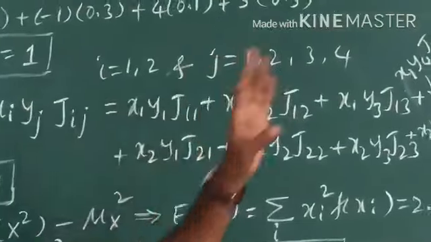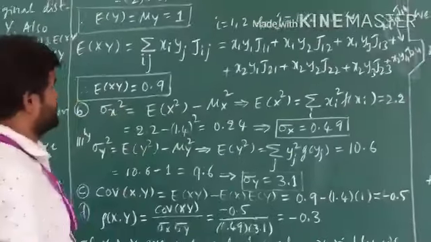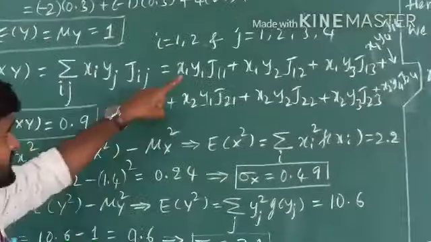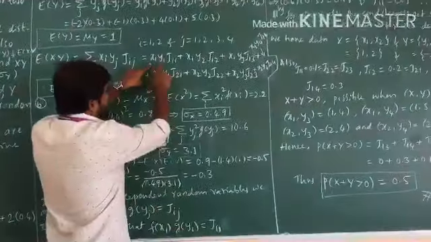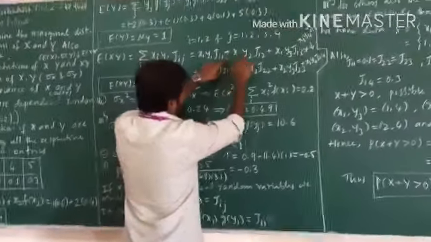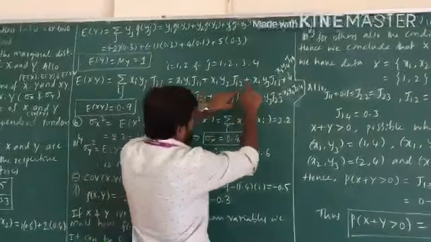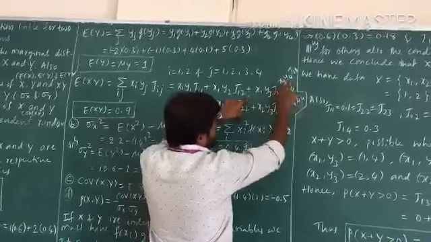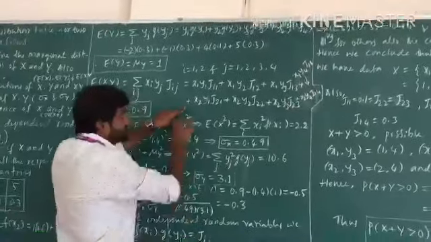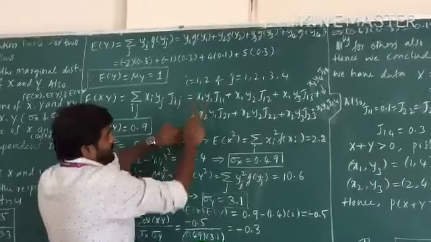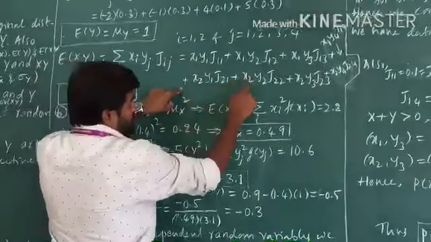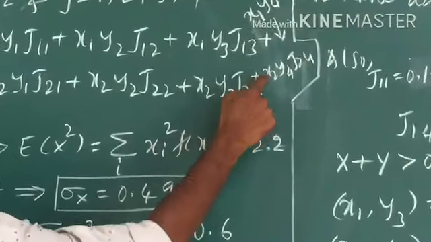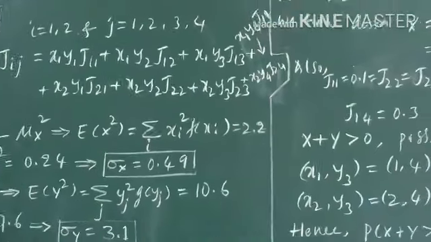So splitting this summation, you get x1 y1 p11 plus x1 y2 p12 plus x1 y3 p13 plus x1 y4 p14, and next for i equal to 2, x2 y1 p21 plus x2 y2 p22 plus x2 y3 p23 plus x2 y4 p24.